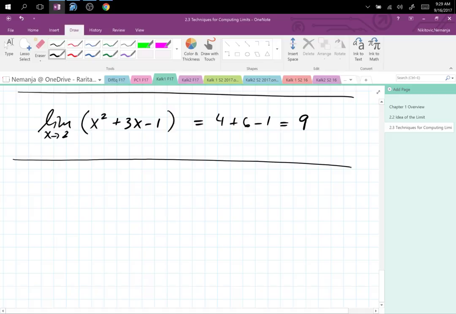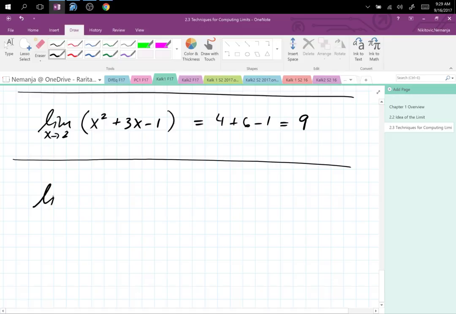But then we come up with a little bit spicier version of this, which is the rational function, a division of 2 polynomials. And this is where the limit and algebra collide big time for the first time.